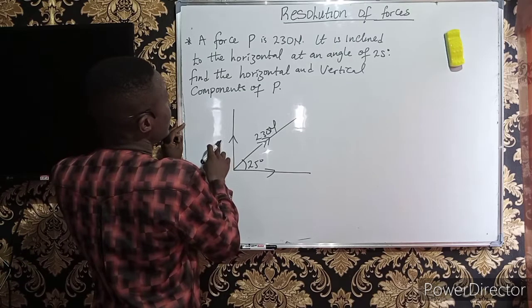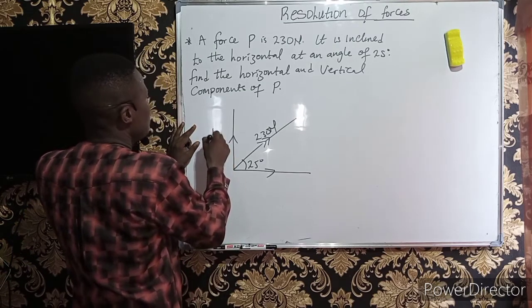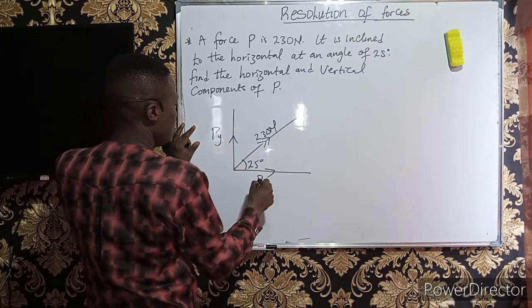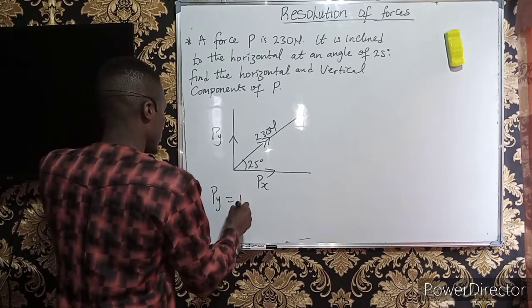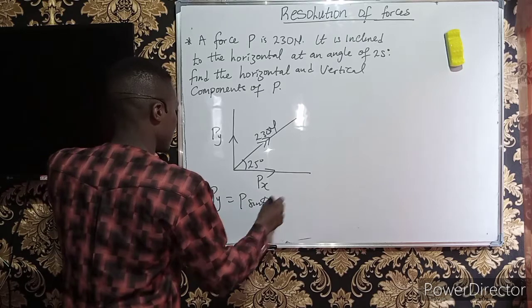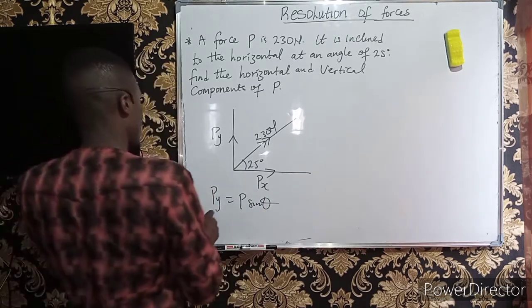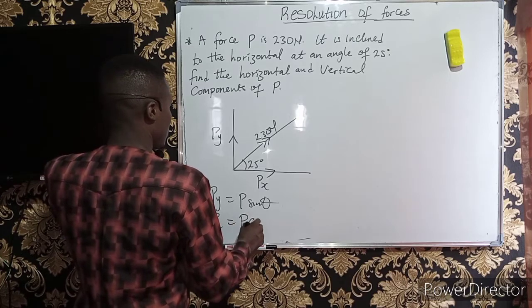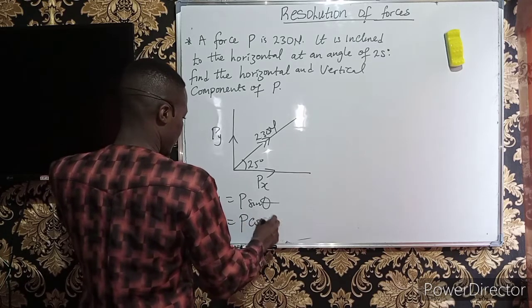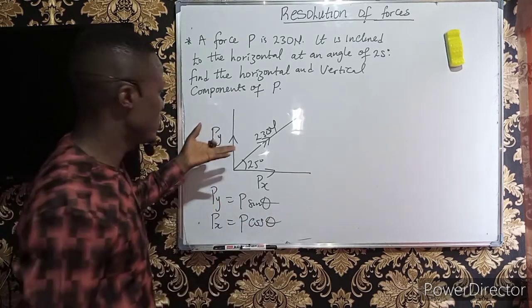So this is my Py, and this is Px. Remember, Py is equal to P sine theta, while Px is equal to P cos theta, from what I've just given you previously.